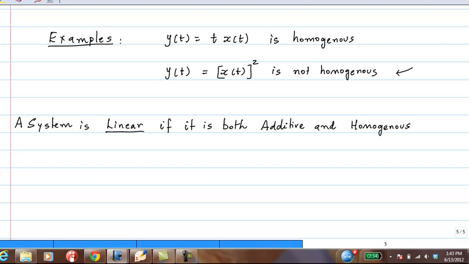Linear systems are very prevalent. A lot of systems in practice are modeled as linear systems, and there are a lot of mathematical tools that are available for us to analyze linear systems.